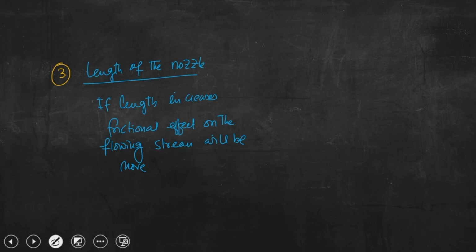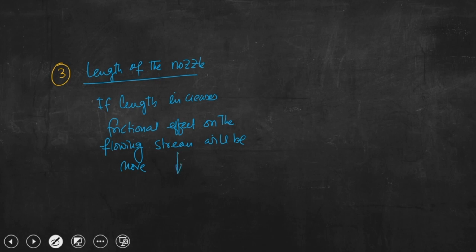Now we could relate the effect of length to the frictional effect. Now the remaining part is straightforward. So if length increases, frictional resistance will be more. If frictional resistance is more, velocity at the exit of the nozzle will be less and efficiency will be less.